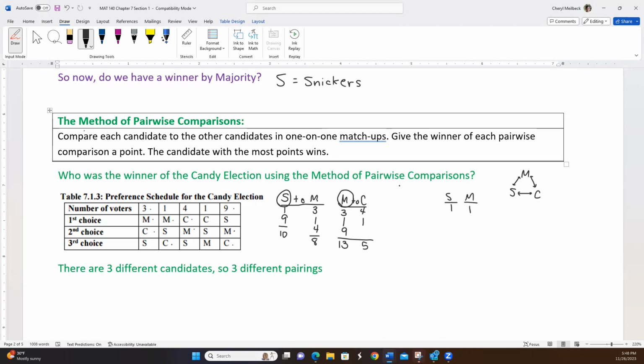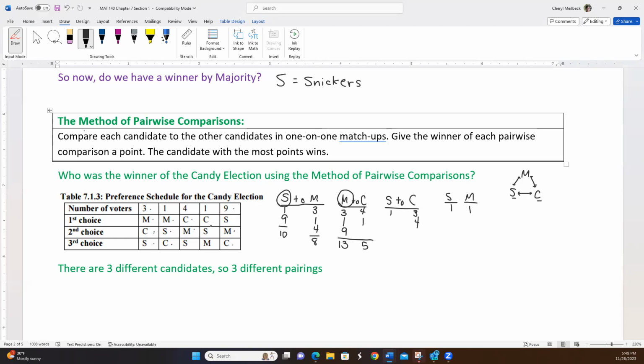Now, if they tie, they both get half a point, and you may see an occasion where they tie. But let's go ahead and compare S to C. In my first column, C is second and S is third, so C gets those 3 points. In my second column, S gets 1. In my third column, C is ahead of S, so C gets those 4 points.